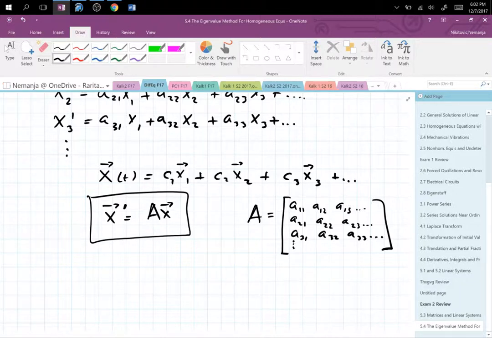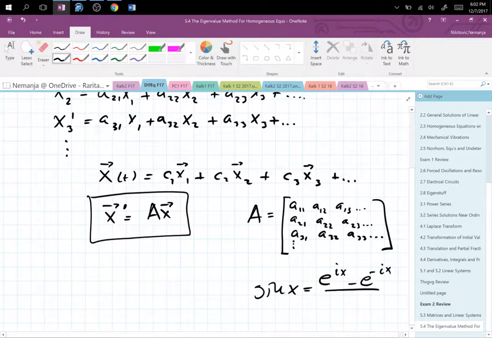And even if your r's are complex, you are getting sine and cosine values, but those were derived through actually having complex values in the exponent of e, which produce sine and cosine values. Those of you that know that sine x is equal to e to the ix minus e to the minus ix over 2i, you see the complex numbers all over the place in this definition of sine in terms of e.